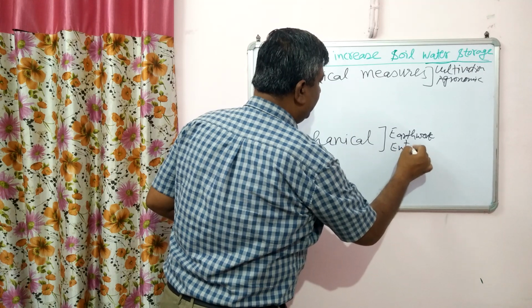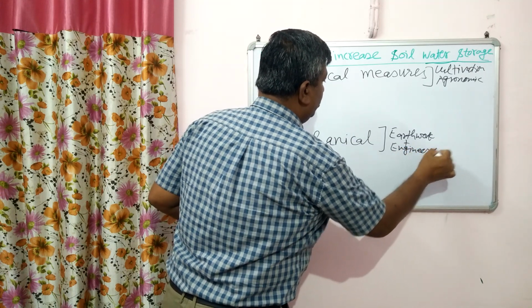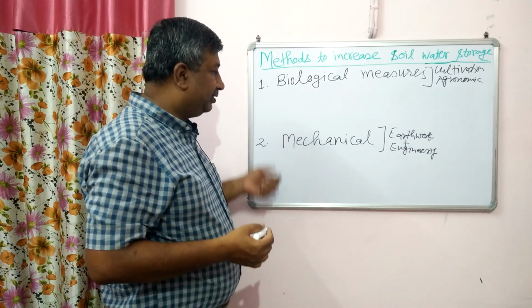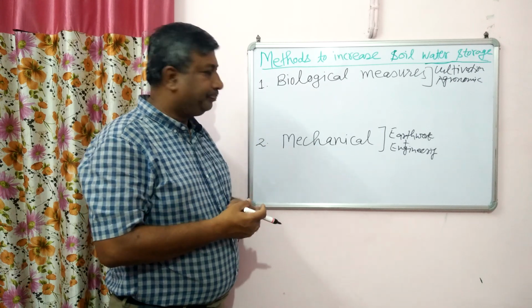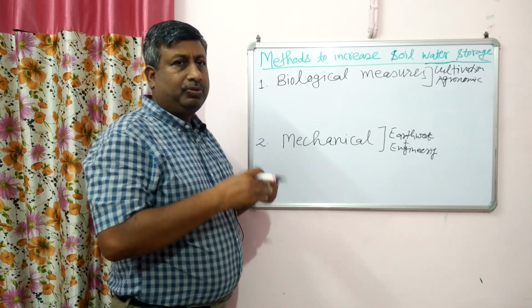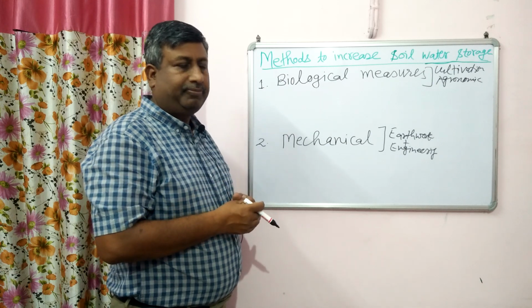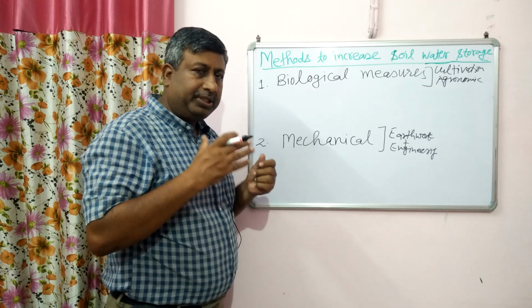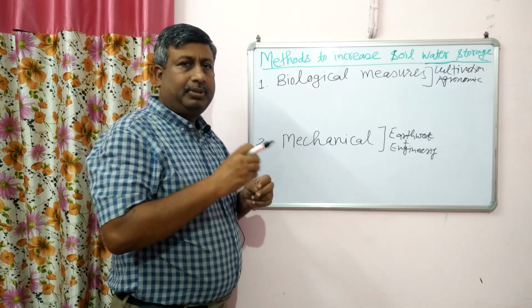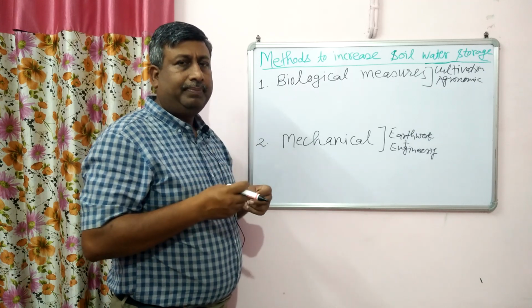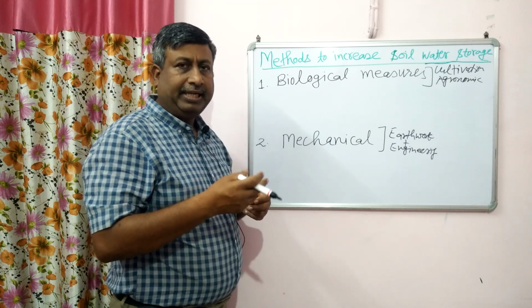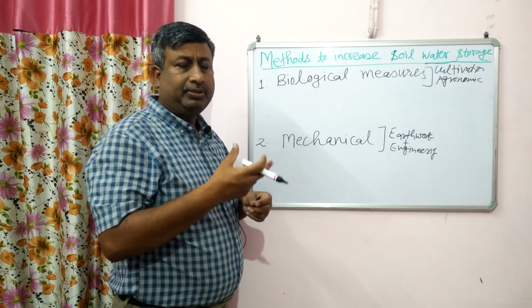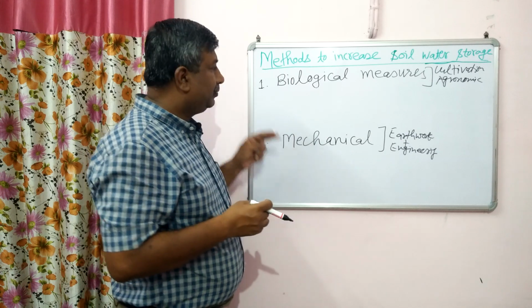So engineering and earthwork is involved in mechanical measures. So if there is no earthwork, no structure formation, then other measures are considered as biological. So biological simple methods we adopt in cultivation like tillage, sowing pattern, sowing method, etc.